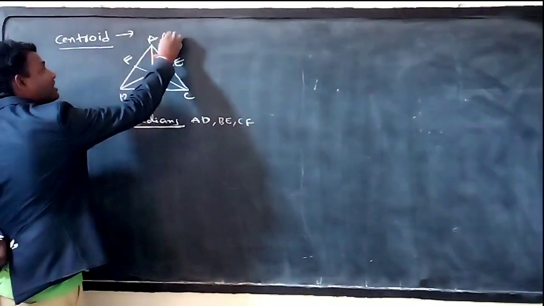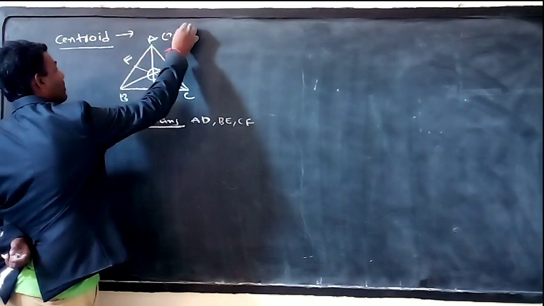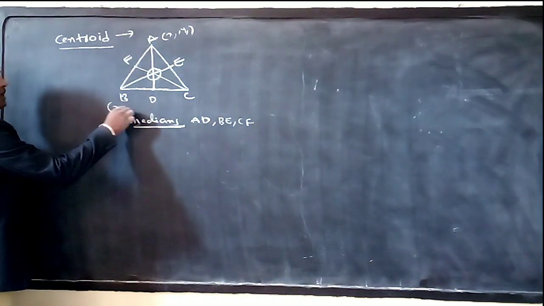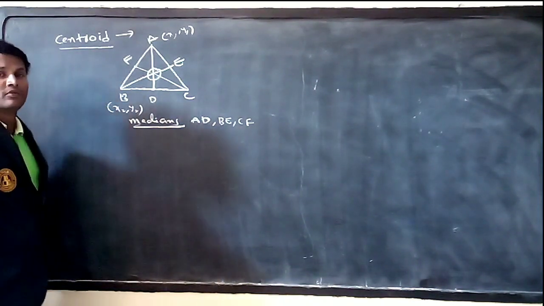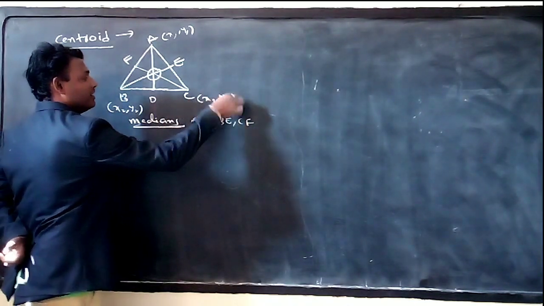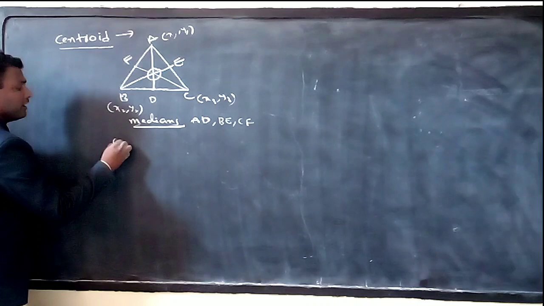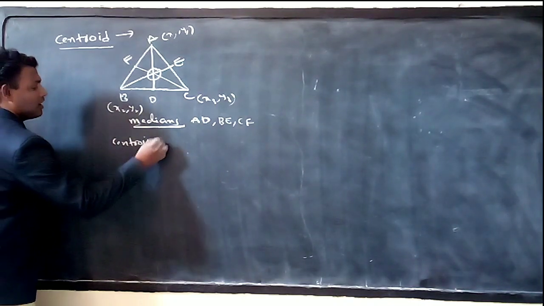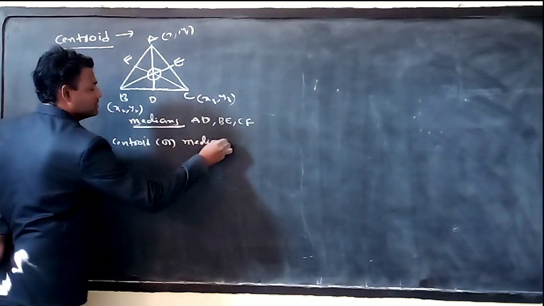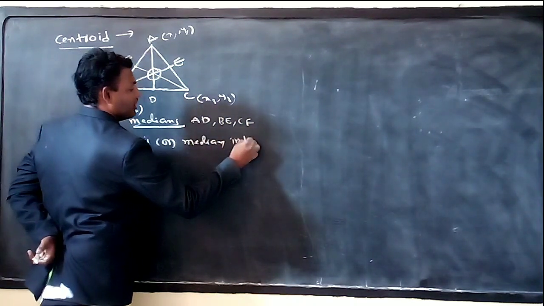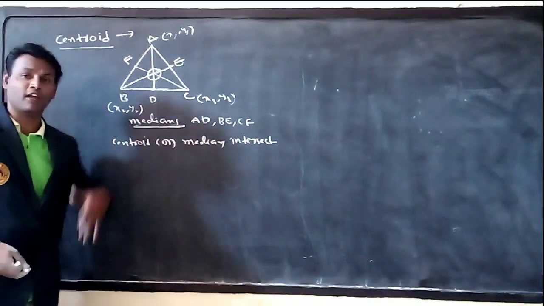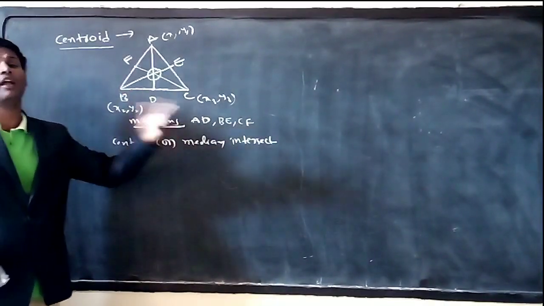Let the coordinates of A be x1 comma y1, the coordinates of B be x2 comma y2, and the coordinates of C be x3 comma y3. Two names are there: we can say centroid, or we can say median intersect.